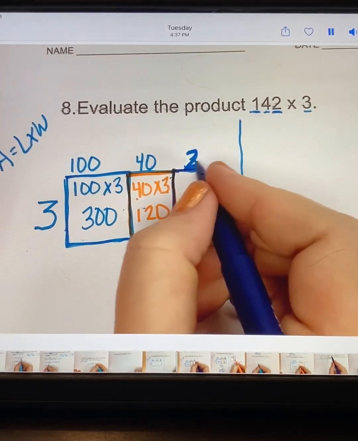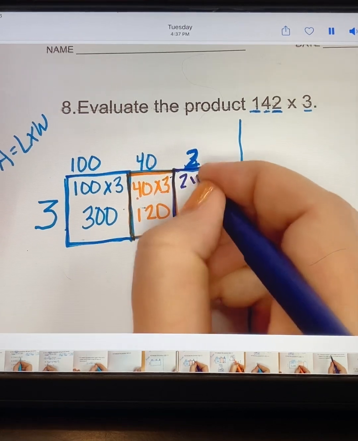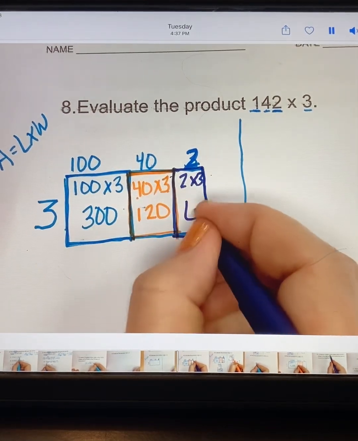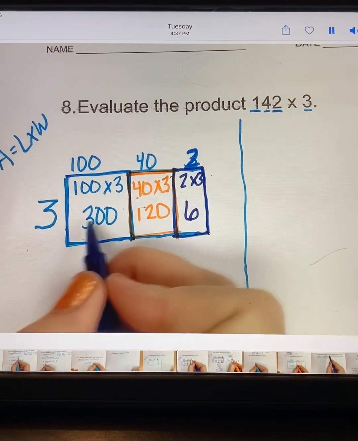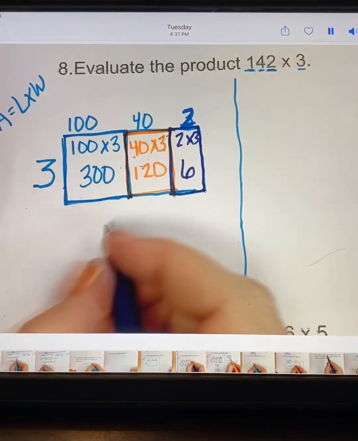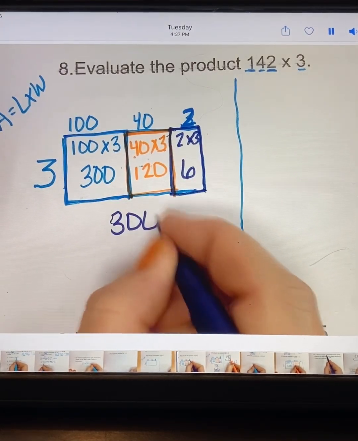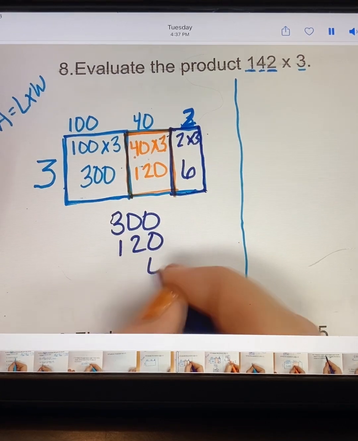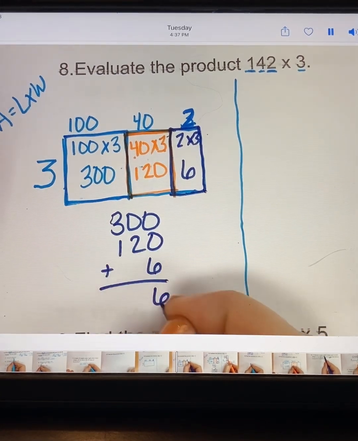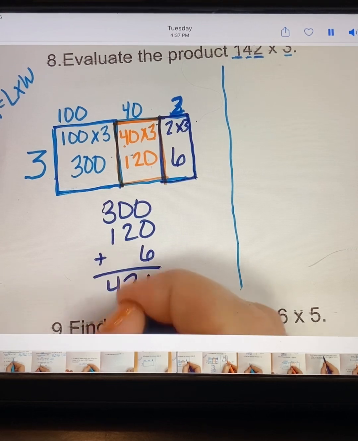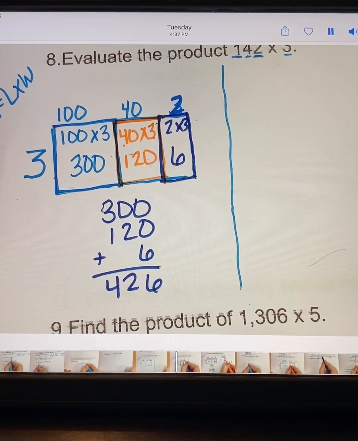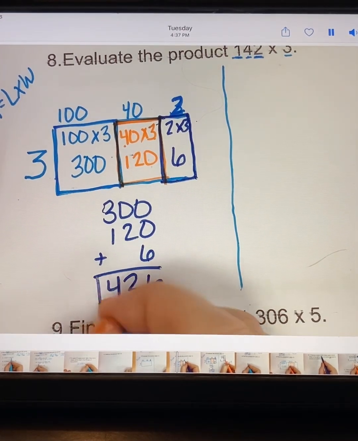So I have 2 times 3, which is 6. Now these are my partial products, so I'm going to add those together. I have 300, 120, and 6. When I add that together, I get 426 as my product.